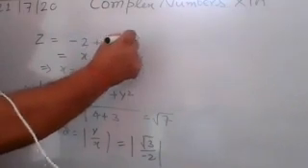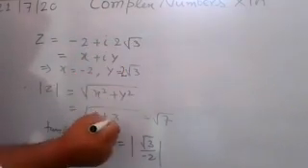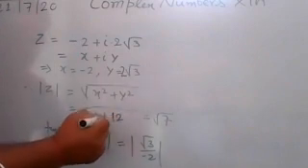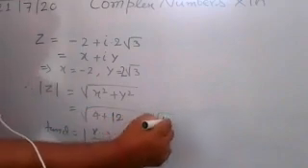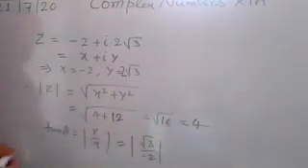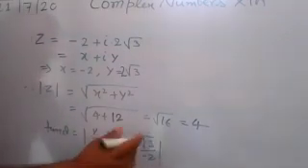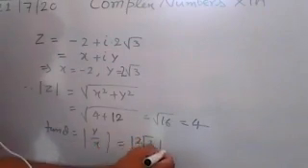So here the value of y is equal to 2 root 3, and here you have 12 plus 4, 16. So the value of mod is 4, and here you have 2 times root 3 upon 2. So here you have root 3.